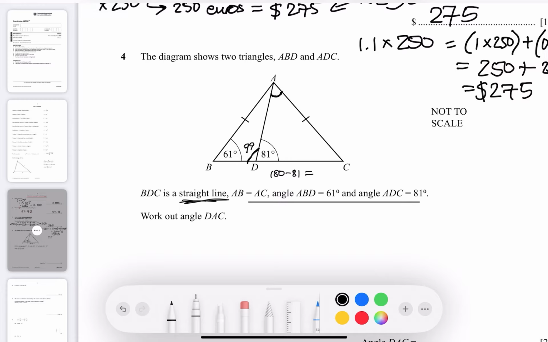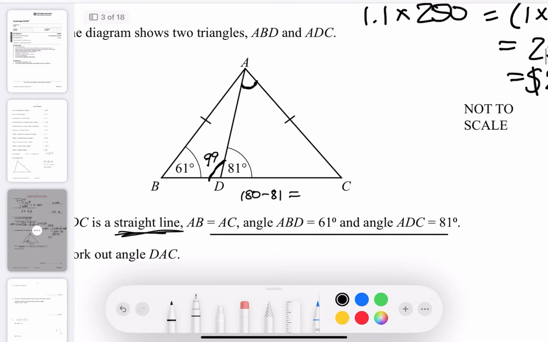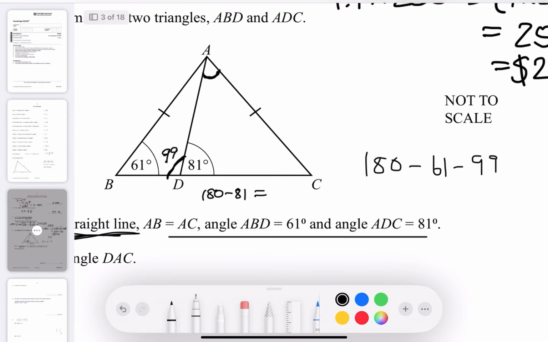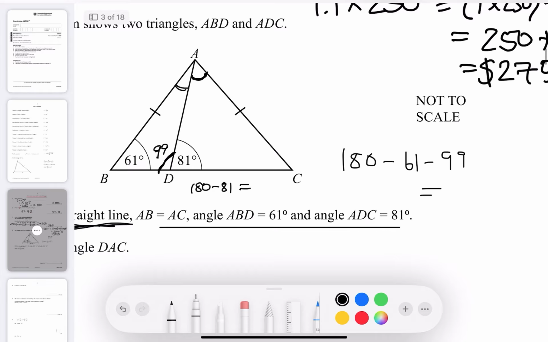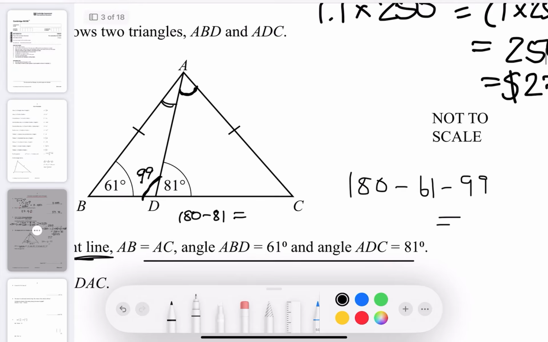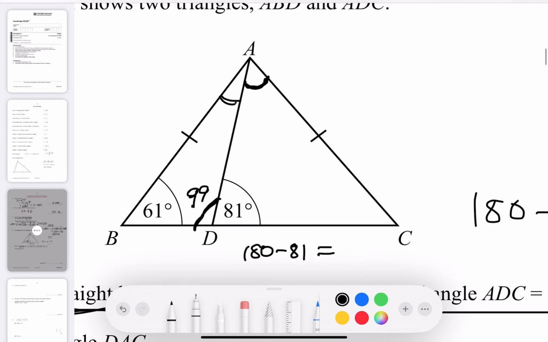So therefore, angle DAB is equal to 180 minus 61 minus 99. And so, angle DAB here is equal to 20 degrees.